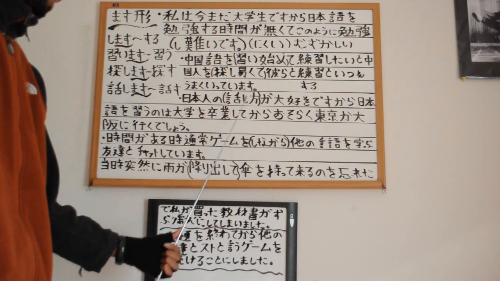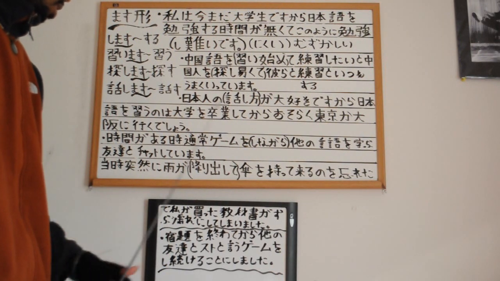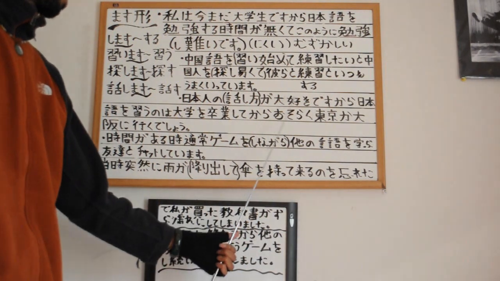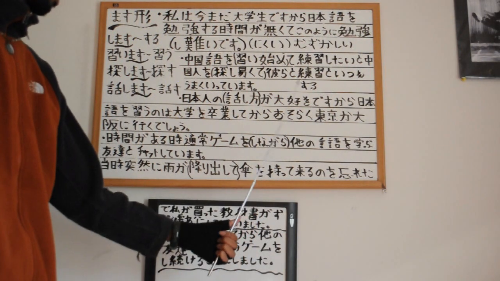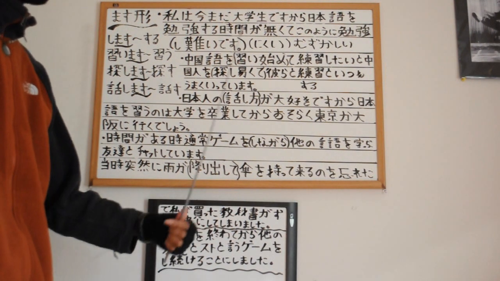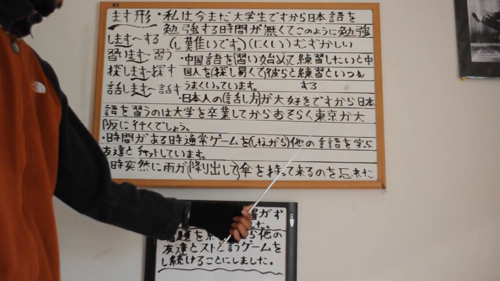Hanashimasu, hanashikata. The way of speaking. So Nihonjin no hanashikata ga daisuki. Daisuki means really like. Suki by itself means to like, but when you say daisuki, that's a big like, which means you really like. So daisuki desu kara, because I really like it.